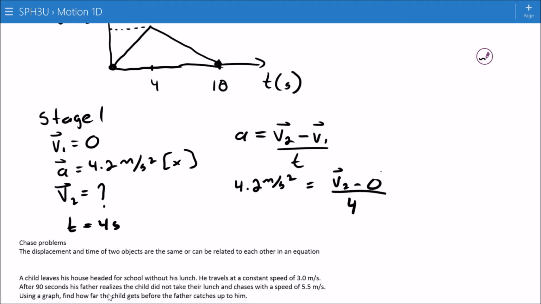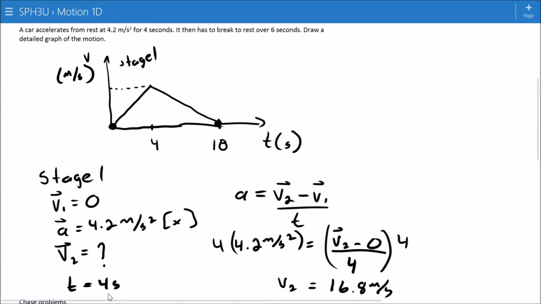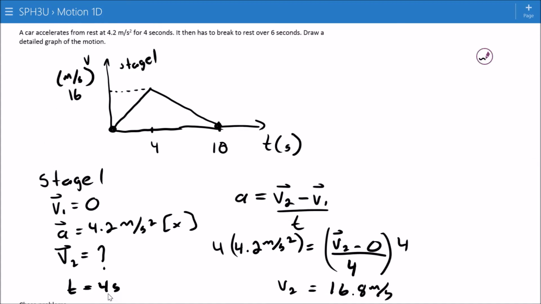And if we multiply both sides by 4, then we can get a v2 of 16.8 meters per second. So that gets us that maximum velocity value. And that's a pretty useful little graph, and that should help us to be able to create our position time graph.